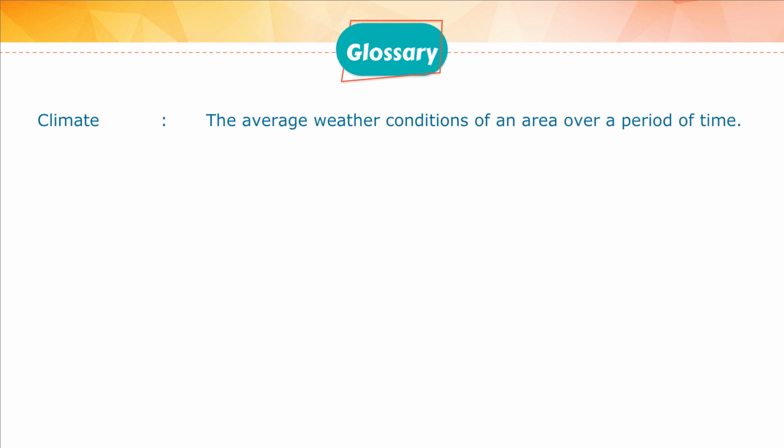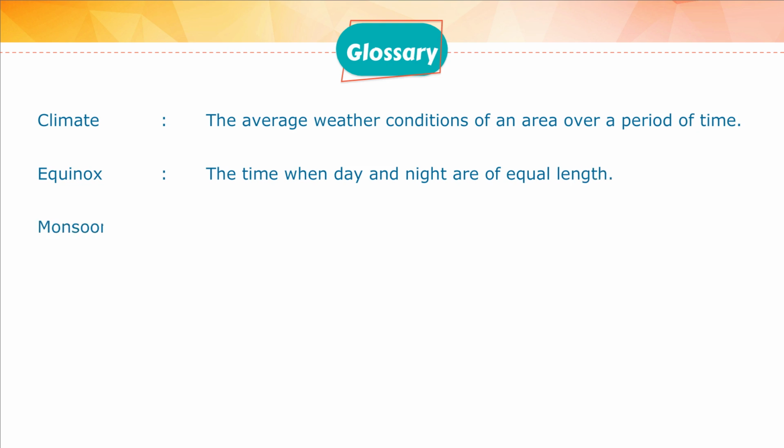Glossary. Climate. The average weather conditions of an area over a period of time. Equinox. The time when day and night are of equal length. Monsoon. The season when it rains heavily almost every day.